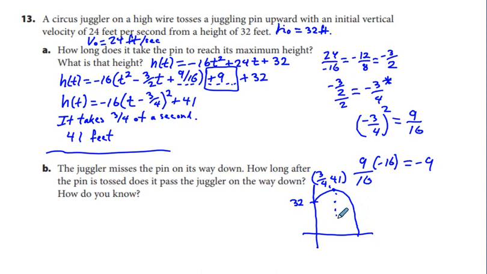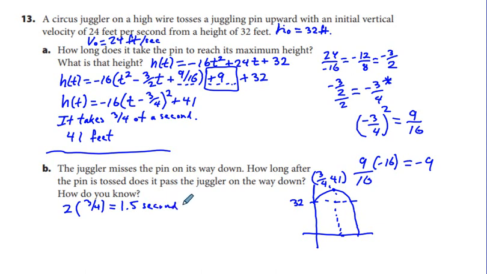So I had a student in 8th period yesterday, Bryce, who said, how long does it take to pass the juggler on the way down? Well, that's going to be 2 times 3/4 of a second, which equals 1.5 seconds.